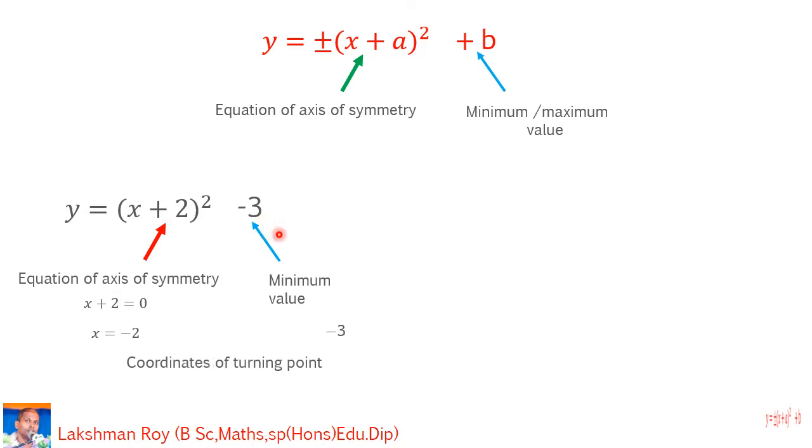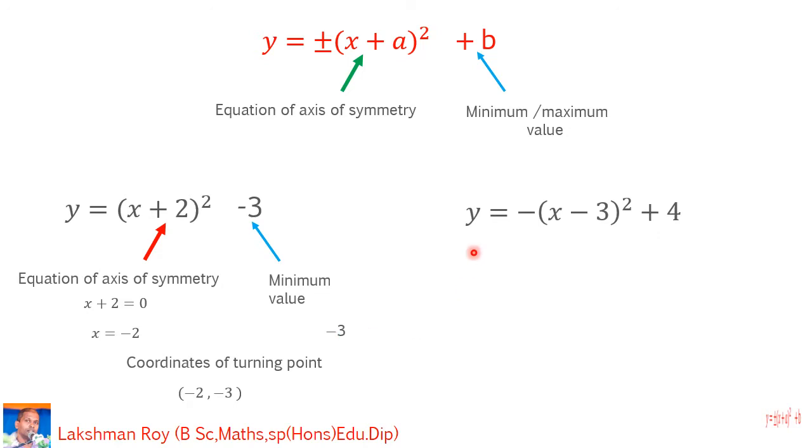Then you can tell another one: the coordinates of the turning point. This is the axis of symmetry, and this is the point where it turns. The maximum or minimum value is the y coordinate. So the x coordinate is negative 2, the y coordinate is negative 3. That is the point where the graph turns, right?